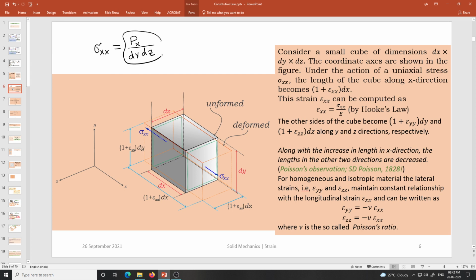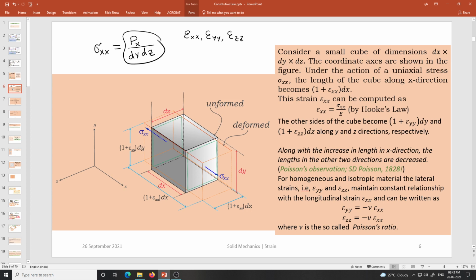So only sigma xx is alive. Due to that, it is going to deform, and the change in length along the x-axis is different from the y-axis and z-axis. Epsilon xx, epsilon yy and epsilon zz are the direct strains along the x-axis, y-axis and z-axis directions. They are different from 0.